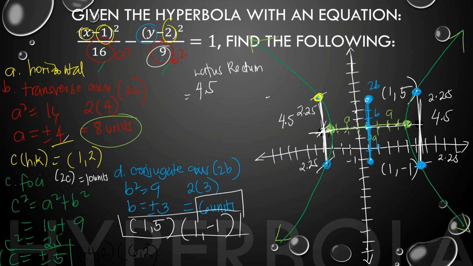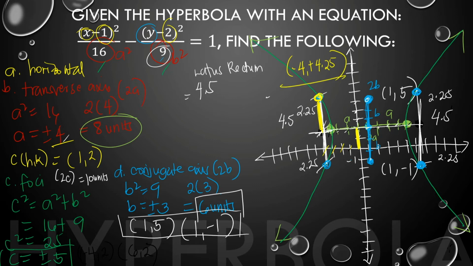So, sa x-axis siya ay nasa kapantay ng focus. So, yung focus natin ay nasa, bilangin natin from the origin, 1, 2, 3, 4. So, negative 4 yan. And then, yung dalawang units na to, plus 2.25. So, 2 plus 2.25 is positive 4.25.